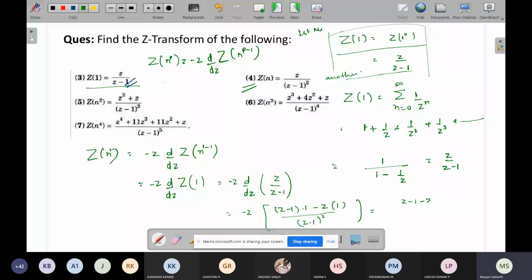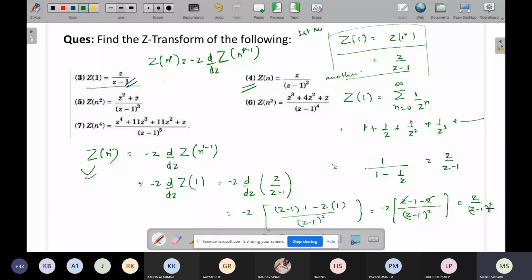Right? Minus z was outside and z minus 1, minus minus plus, so z over (z minus 1) whole square. So the z transform of n is z over (z minus 1) whole square.